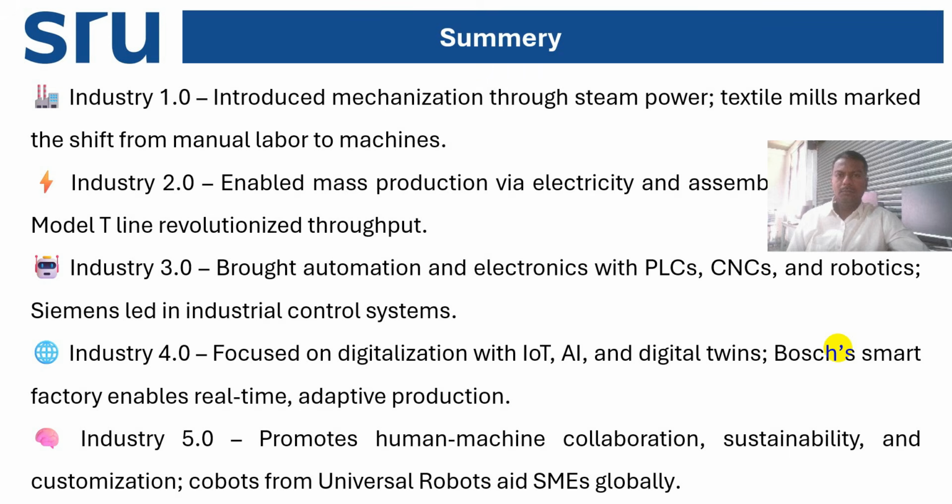When it comes to 3.0, automation became possible with the help of electronics and PLC, computer numerical control machines for mechanical engineering, and robots for assisting the automation systems. Industry 4.0 generally focuses on digitalization with IoT and AI-enabled digital twins. When it comes to 5.0, it promotes human-machine collaboration, sustainability, and customization using cobots from various makers like Universal Robots.